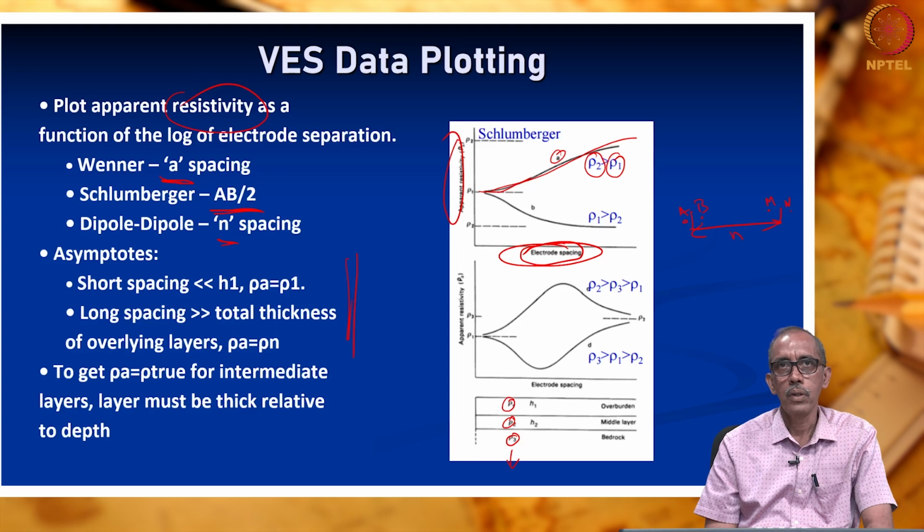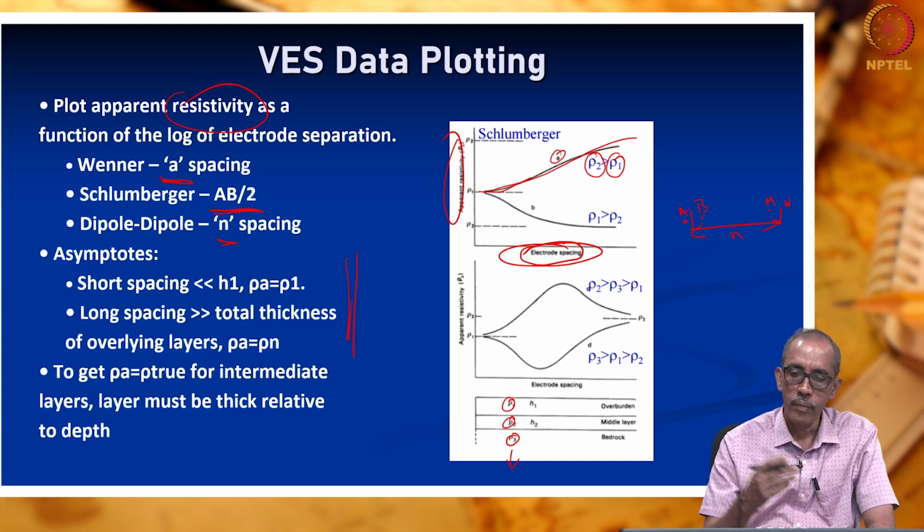What is a resistivity curve? A resistivity curve is a relation between electrode spacing versus apparent resistivity. By plotting it, we are able to get an idea of the nature of the subsurface formation.